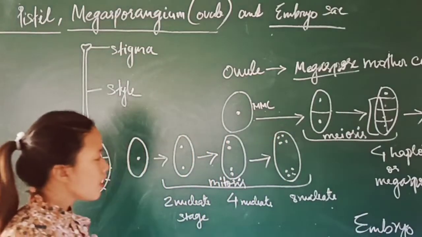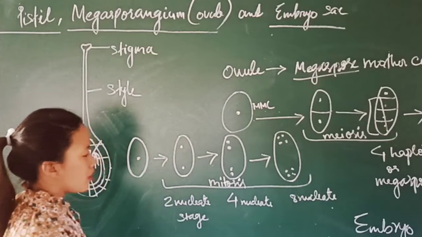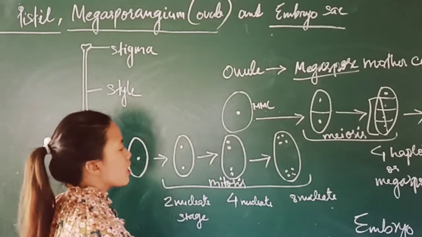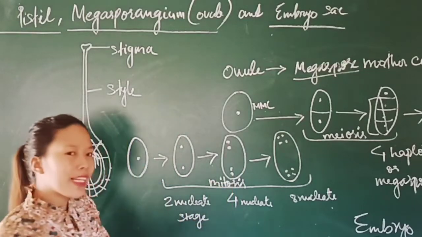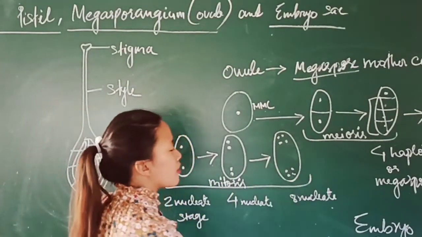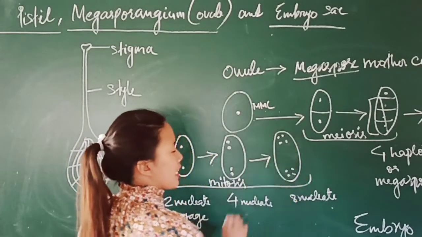After all these divisions, the nuclei are free nuclear, meaning there is no cell wall formation immediately. Cell wall formation takes place only after the 8 nucleate stage. There are 4 nuclei at each end.